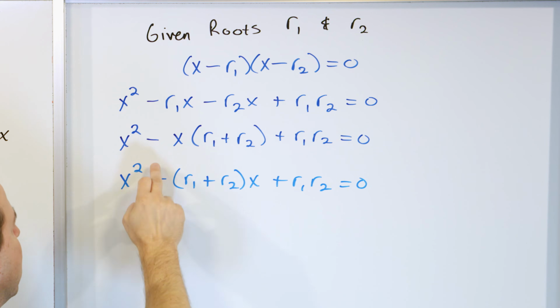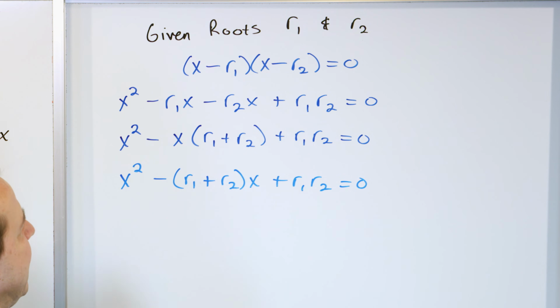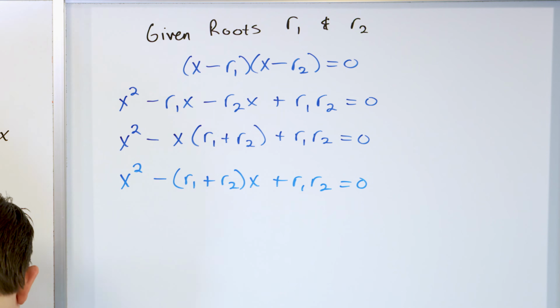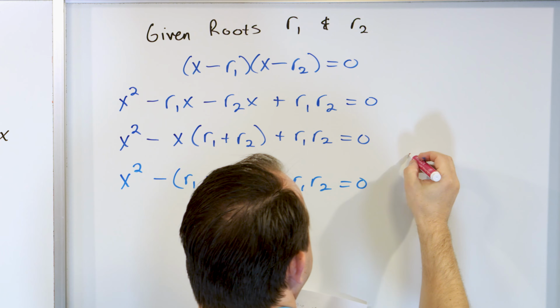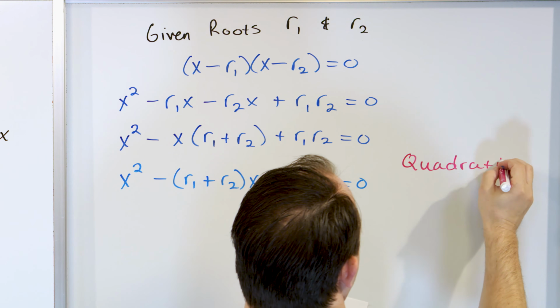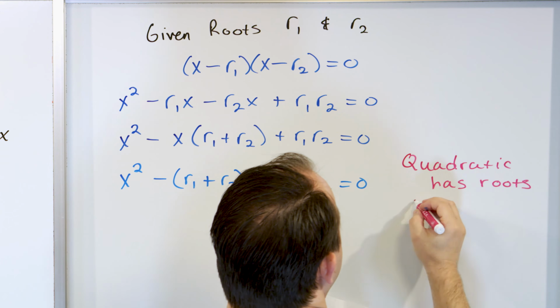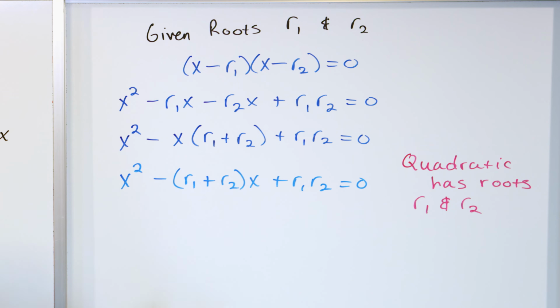You have x squared minus something times x plus some number. That is a quadratic. That is a polynomial that will have roots r1 and r2. Okay, so I'll put this on the side. This is a quadratic that has roots r1 and r2.